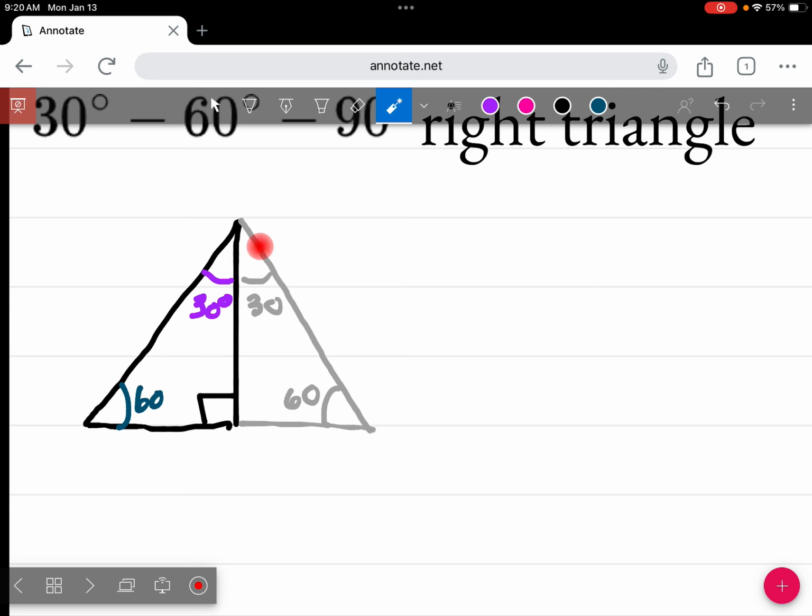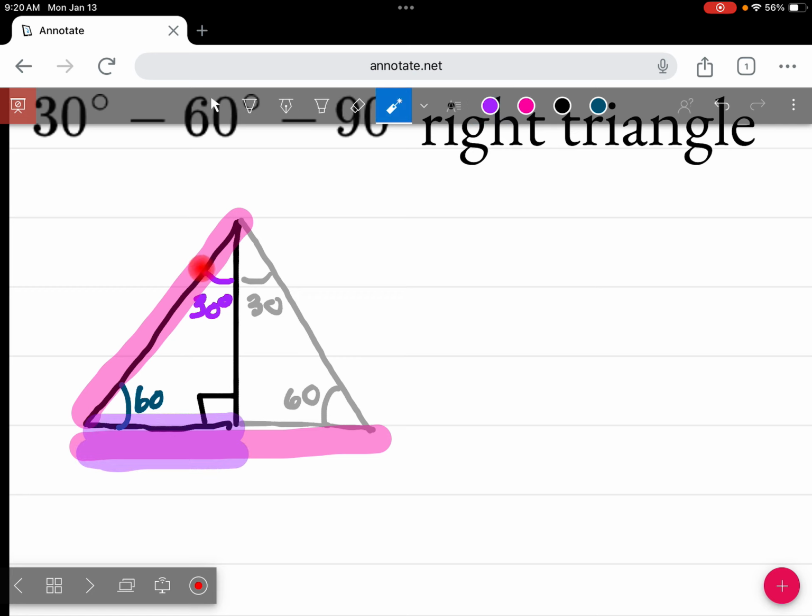It's an equilateral. So if we think about it being 60, 60, 60, then I know that this side and this side are all the same, right? So if I know that this side and this side are the same distance, what is this in relation?